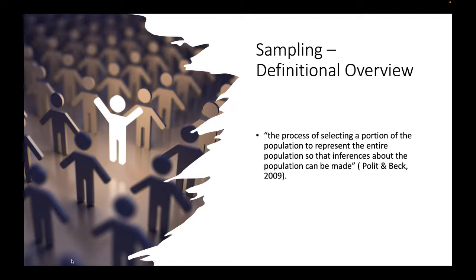So what you're saying when you talk about sampling is it's the process of us choosing a small group of subjects, a small group of respondents, a small group of participants. And this group are being chosen so that they allow us to represent the entire population.